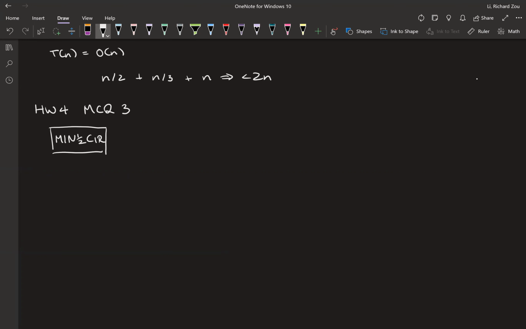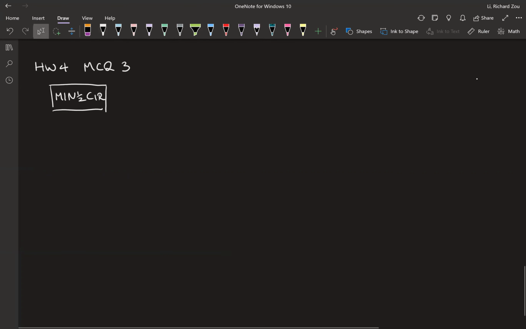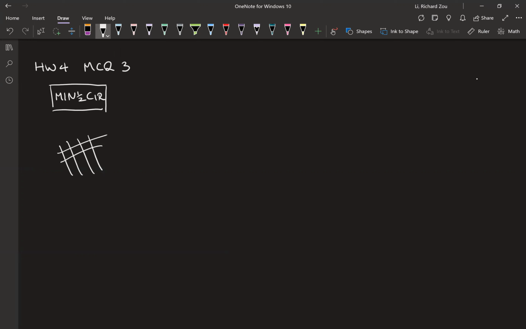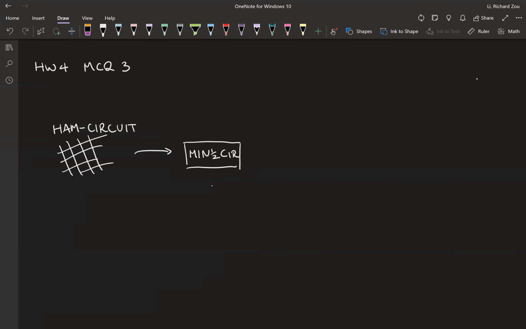Suppose we have some black box that solves this problem. Then that means we can take the Hamiltonian circuit problem, transform the input, and have this black box solve it if and only if.